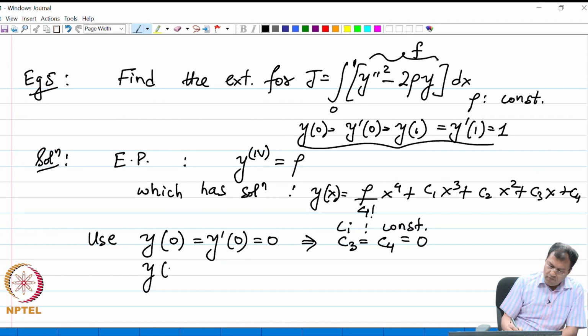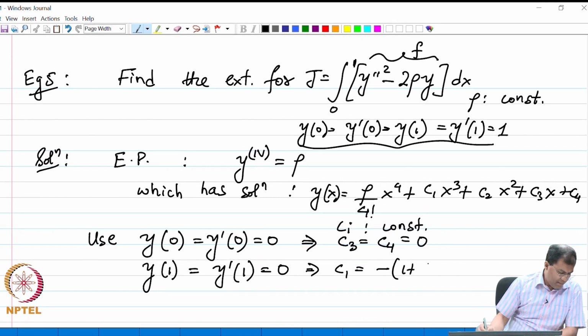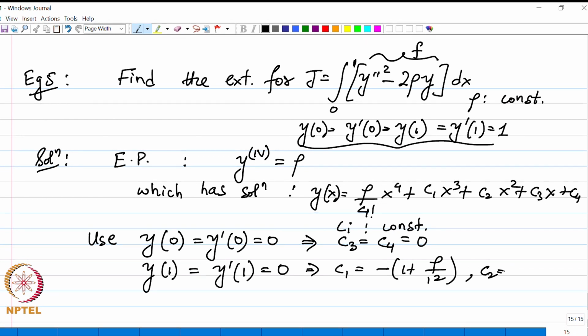Further, if we use the fact that y of 1 is equal to y prime 1 is equal to 0, the other 2 boundary conditions, we get that C1 comes out to be negative 1 plus rho by 12, and C2 comes out to be 2 plus rho by 24, right. It is all a matter of algebra to solve for these constants, and finally my expression for the extremal is the following polynomial.